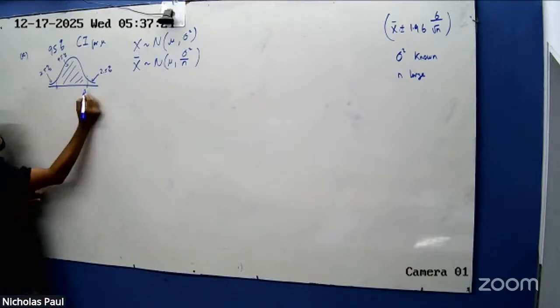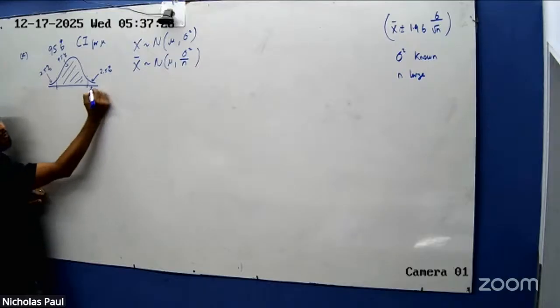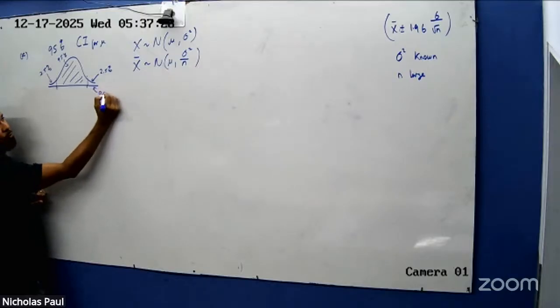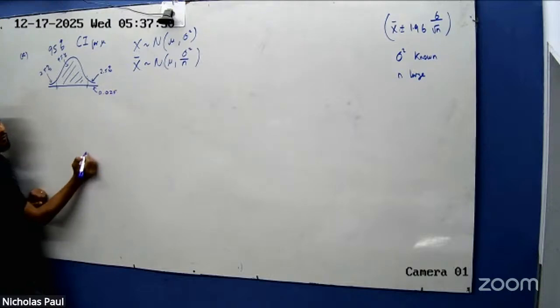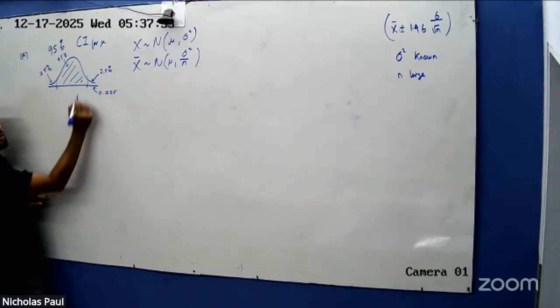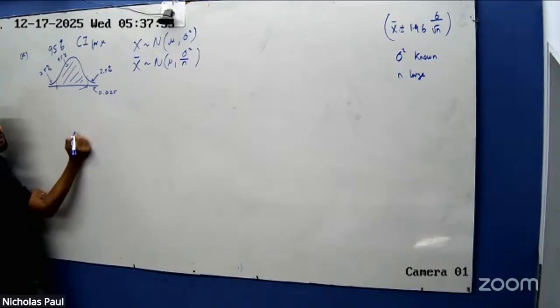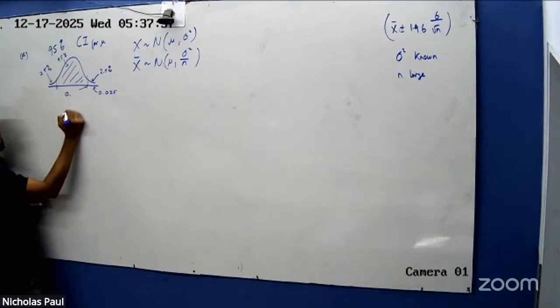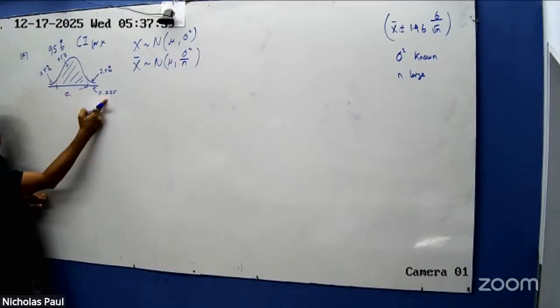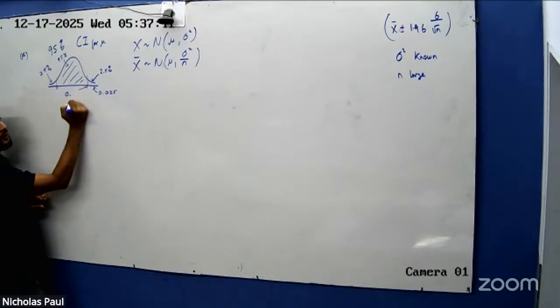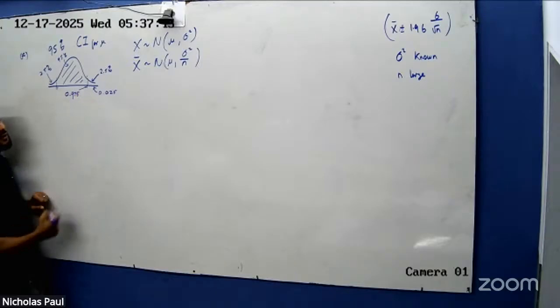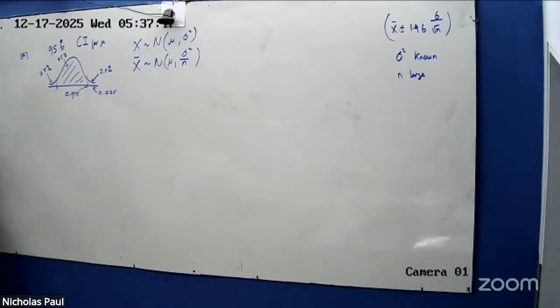Any idea how to get this value? This probability here is 0.025. So what would be the value here that we want? 1 minus this, right? So that will be 0.975.